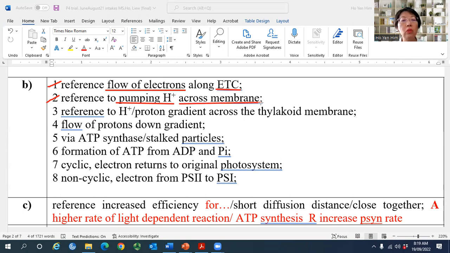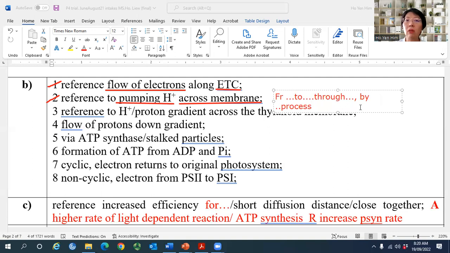This is where a lot of students did not score for this marking point, even though they said proton is being pumped, because they didn't say where exactly it is being pumped. From where to where, through where. Remember, in biology, wherever you say something moves, you must tell me from where to where, through where, by what process.